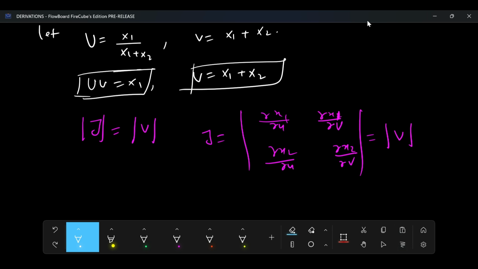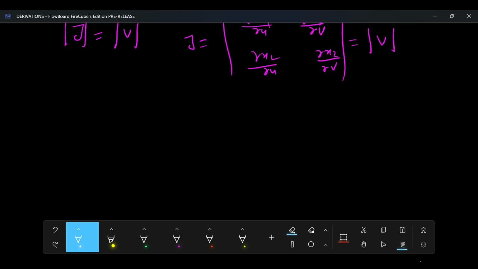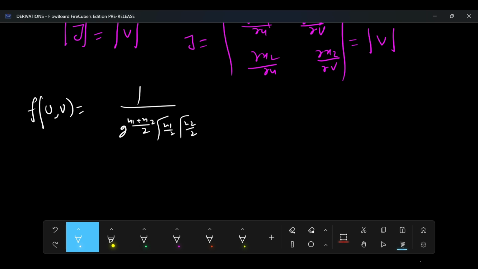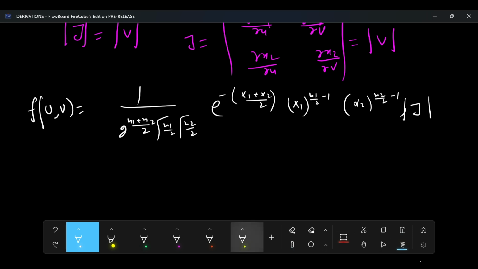So now f of u comma v will be old function, that will be 1 upon 2 raised to the power (n1 plus n2) divided by 2, gamma n1 divided by 2, gamma n2 divided by 2, e raised to the power minus (x1 plus x2) divided by 2, x1 to the power n1 divided by 2 minus 1, x2 to the power n2 divided by 2 minus 1, multiply Jacobian.